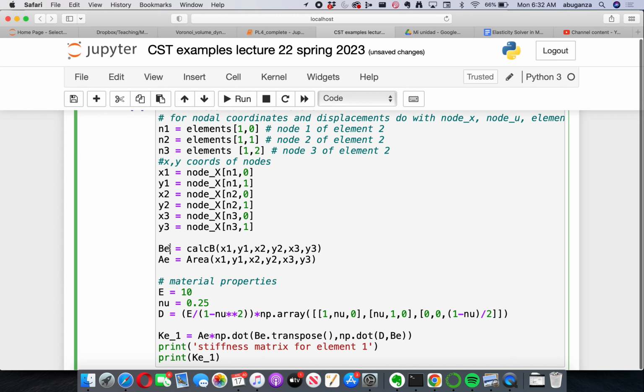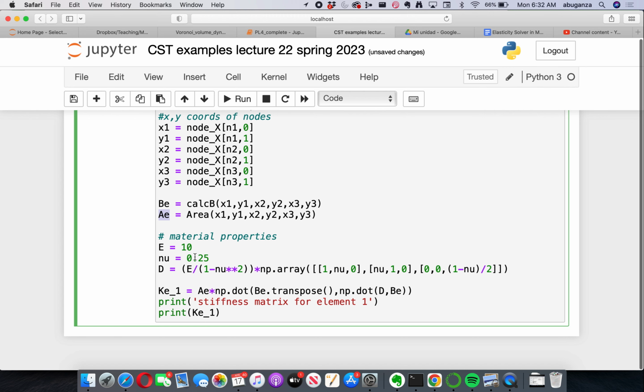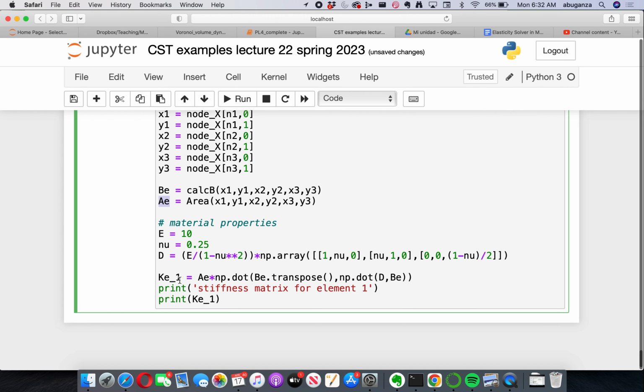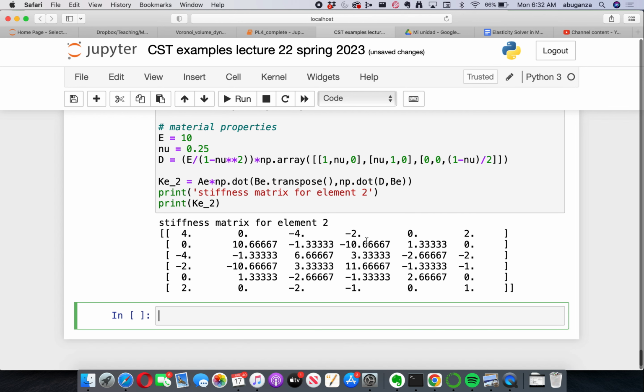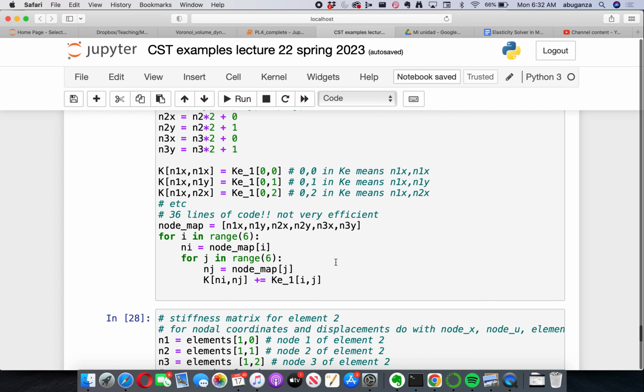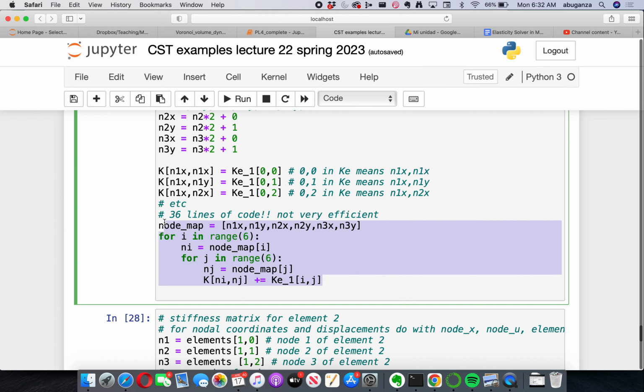It will calculate the correct B matrix. It will calculate the correct area. The stiffness is the same, so the material properties are the same. And then here is just the area times the B, which now is calculated with the correct nodal coordinates. So very easy. This is the stiffness matrix for the second element. And then for the assembly, all I need to do is the exact same thing.